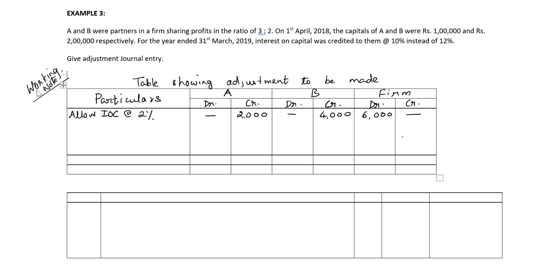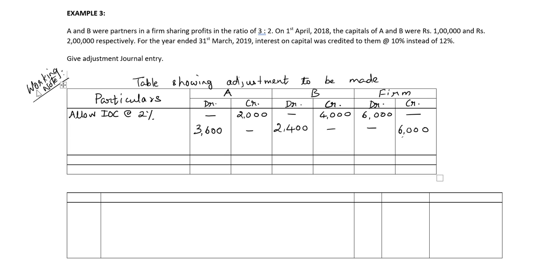So I will balance the firm column and insert 6000 to the credit of the firm column. The profit sharing ratio is 3:2 between A and B. I'll divide 6000 in 3:2 ratio and I get 3600 for A and 2400 for B. Since the 6000 is credited to the firm, I need to debit A with 3600 and debit B with 2400.